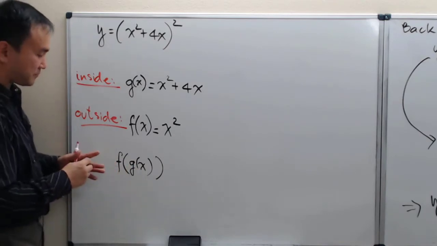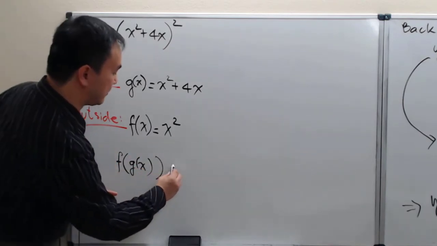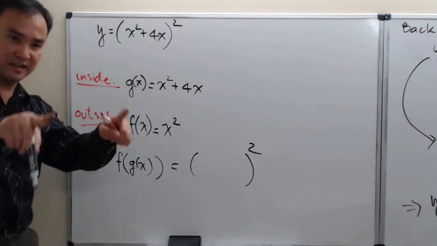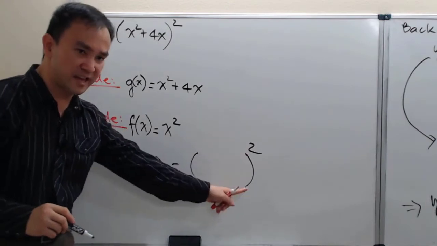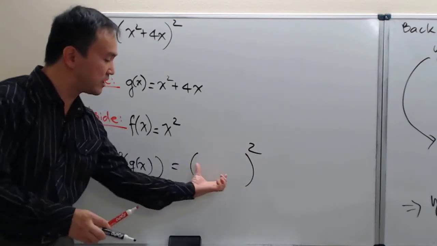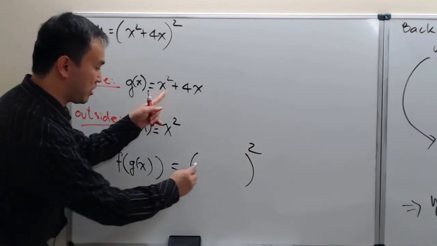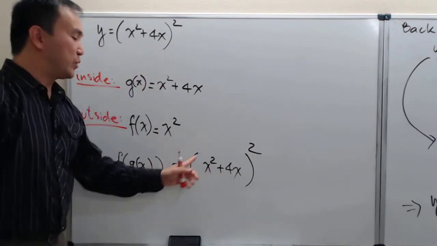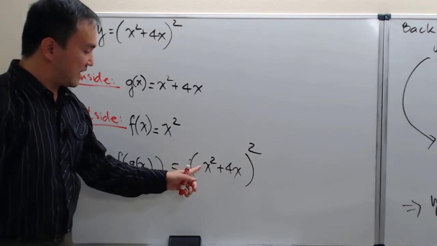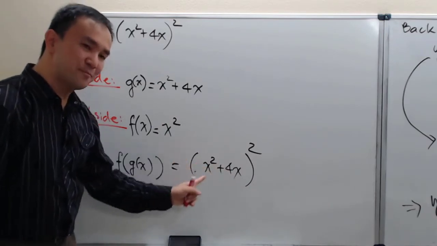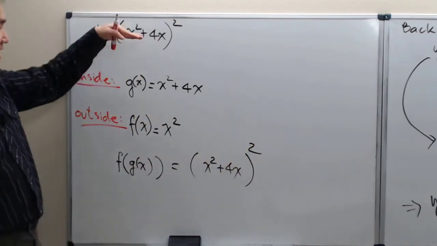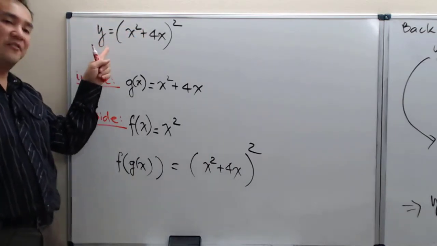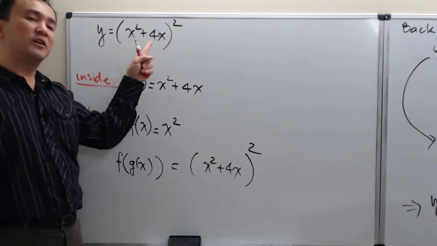In this way, what we recognize now is that our outside function is the x squared function, but now x is empty, being ready to be substituted by the inside expression, which is now x squared plus 4x. So all together, we're looking at x squared plus 4x in parentheses all squared, and that's the anatomy, the algebraic structure of our beginning function y equals x squared plus 4x.